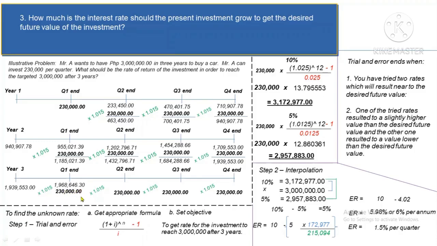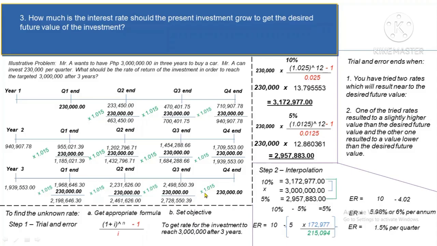1,968,646.30 plus 230,000, and then we're gonna get 2,198,646.30 times 1.015, we have 2,231,626 plus 230,000, we have 2,461,626 times 1.015 plus 230,000, we're gonna get 2,728,550.39.